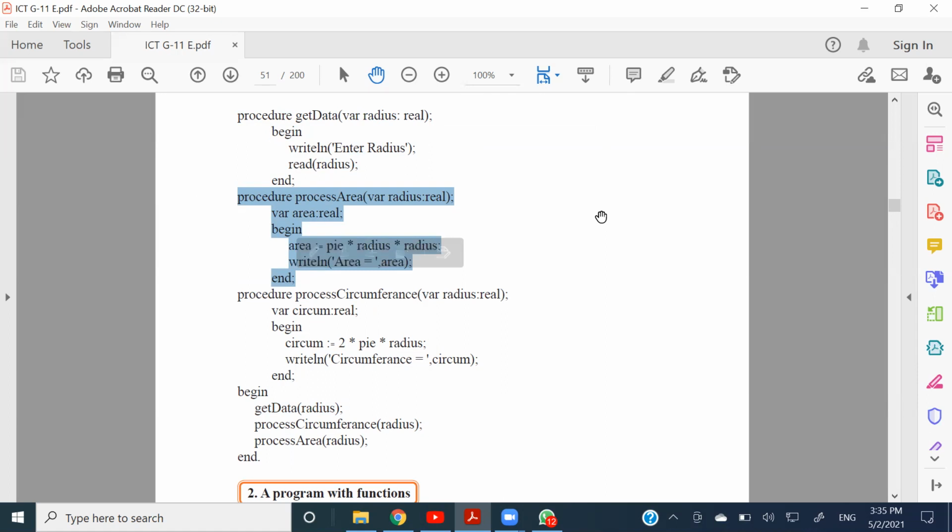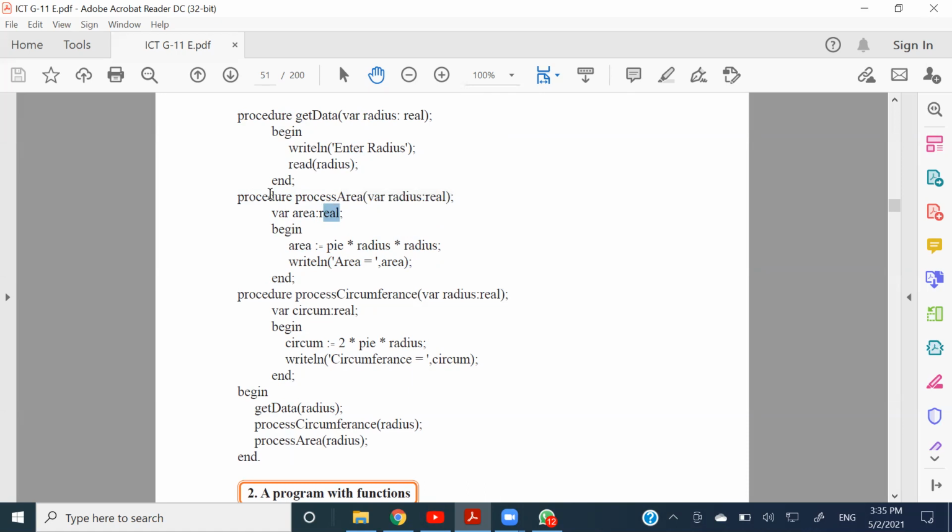Now, in this procedure, do we have any new variables introduced? Yes, area. Area is a variable which is introduced inside this procedure. It is a new one.